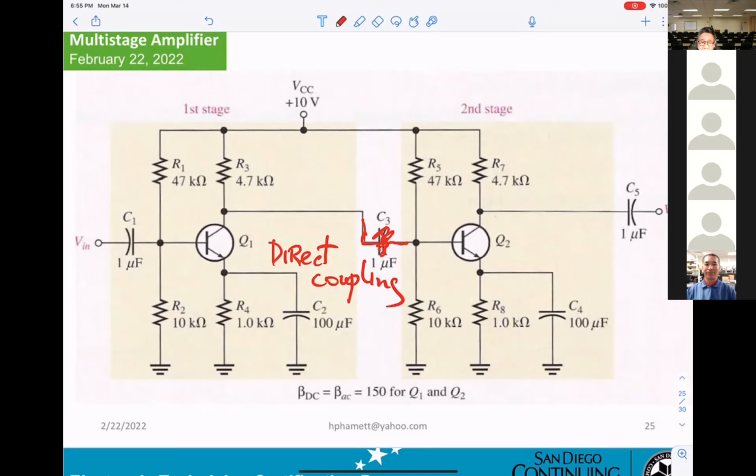Direct means whatever comes from the collector of Q1 goes directly to the input of Q2. They don't limit the DC. So it wouldn't technically be called a direct node then? Would it be considered a direct node instead of a coupling because you have no component? Yeah, no capacitor here.